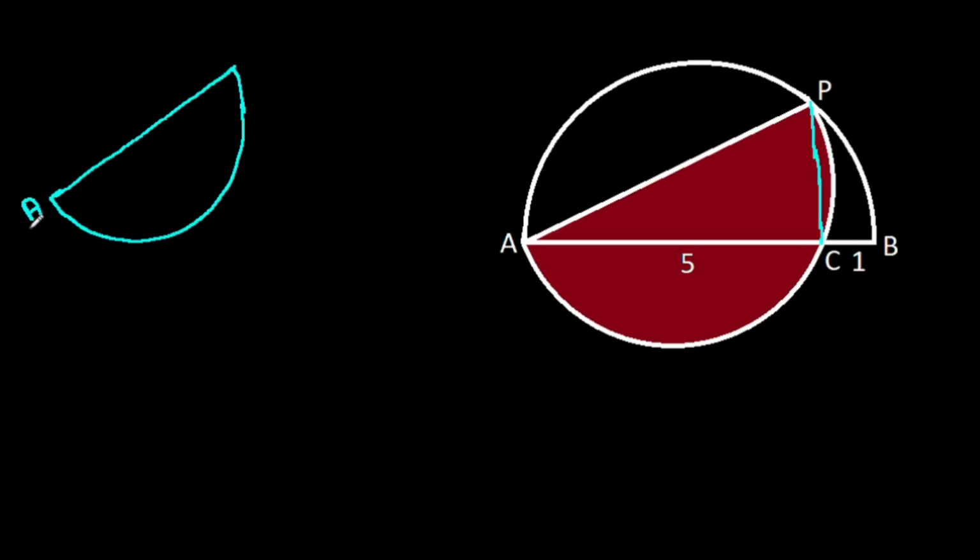This point is A, this point is P, and AP will be the diameter. So angle ACP will be 90 degrees.